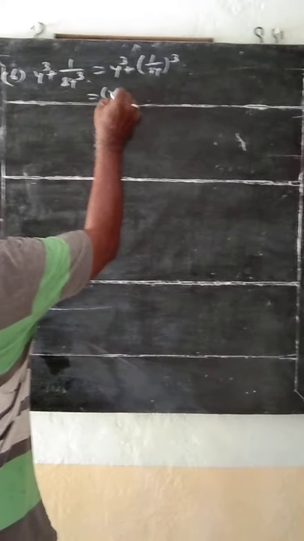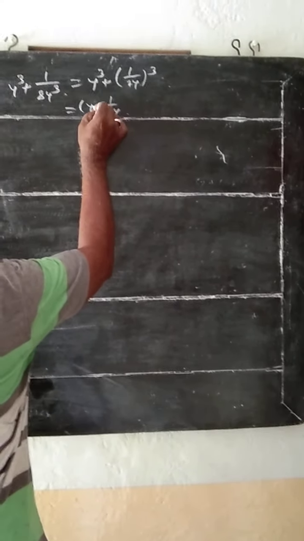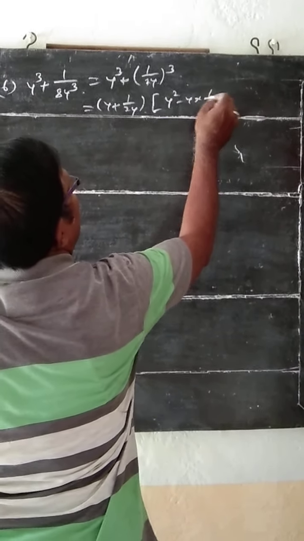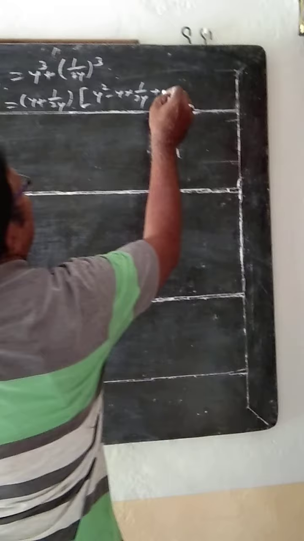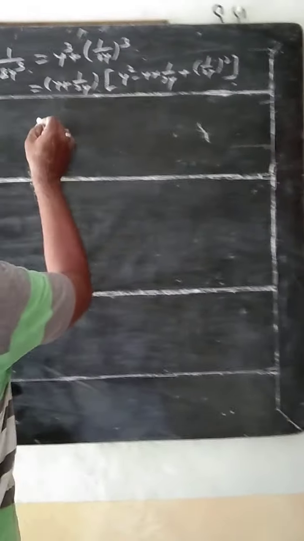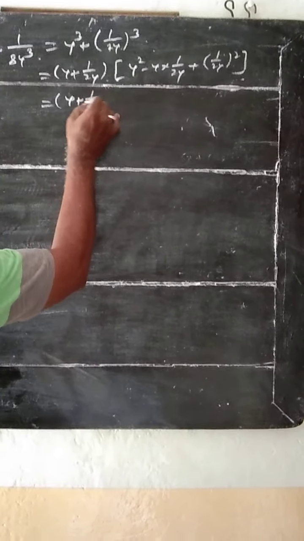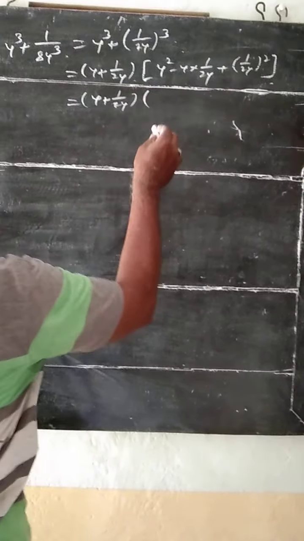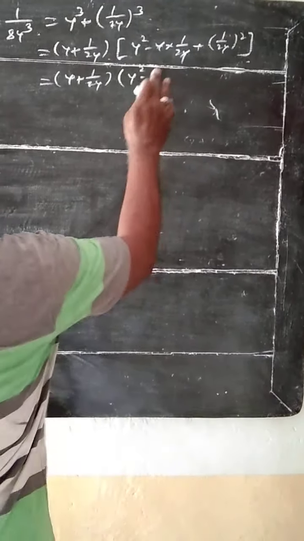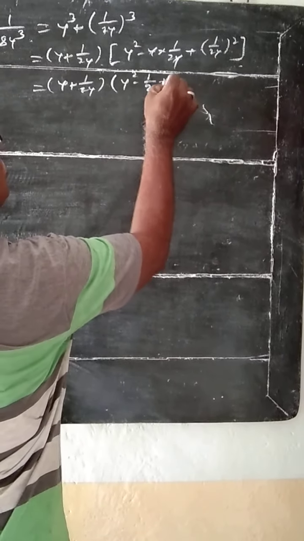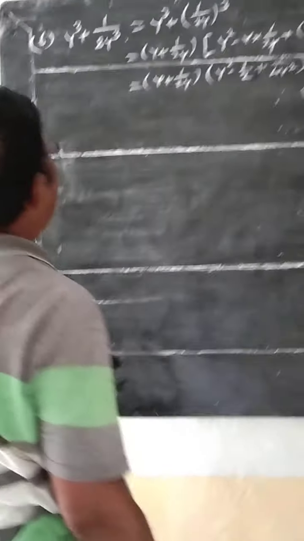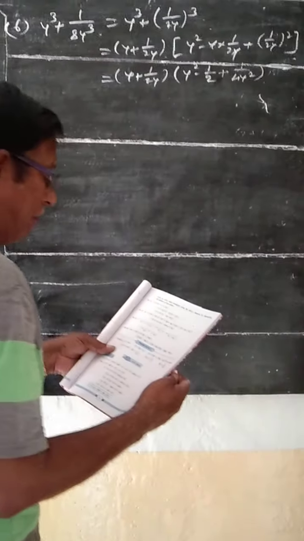In the first bracket, y plus 1 upon 2y, in the second bracket, y square minus y into 1 upon 2y plus (1 upon 2y) bracket square. So y plus 1 upon 2y, in the second bracket, this y cancels, y square minus 1 upon 2, plus the square of 1 upon 2y, which is 1 upon 4y square. These are the factors of y cube plus 1 upon 8y cube.